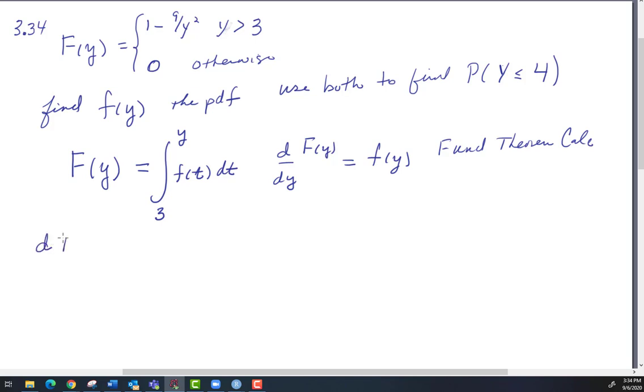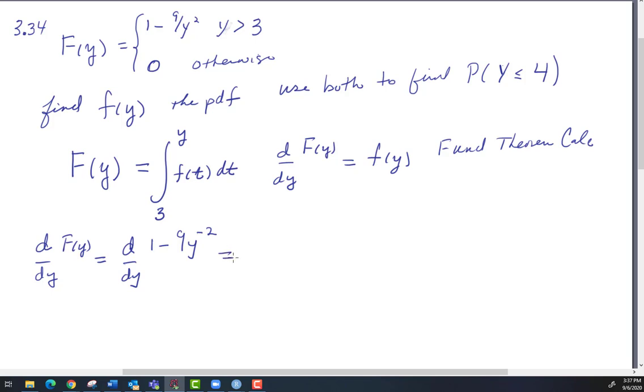All right, so then where is that taking us? Well, the derivative of F of y dy would be equal to the derivative of 1 minus 9 over y squared, which we write as 1 minus 9 y to the negative 2.